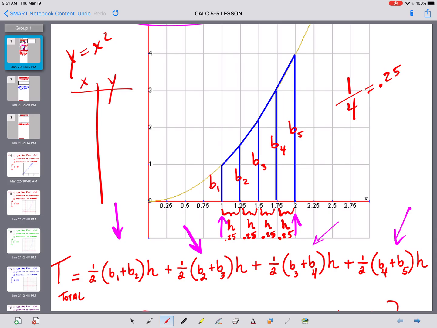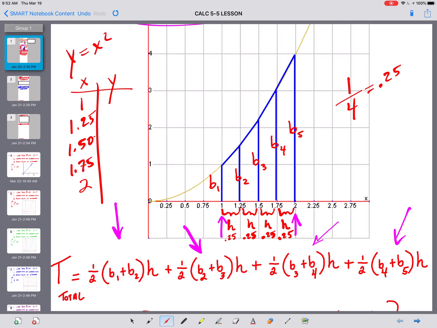The x values: the first one is 1, the next is 1.25, then 1.50, then 1.75, then the last one, which is base 5, at 2. Notice there are 5 x values, even though there were 4 trapezoids.